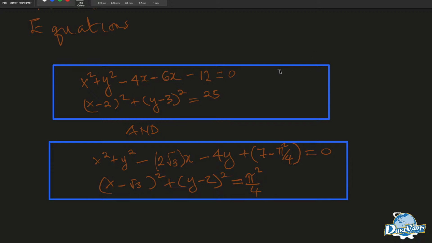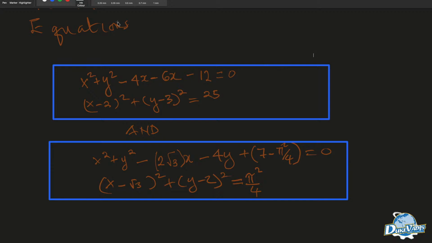And we also realize that if we have x squared plus y squared minus 2 times 3x minus 4y plus 7 minus pi on the square root of 4 is equal to 0, it's the same as writing the second equation.